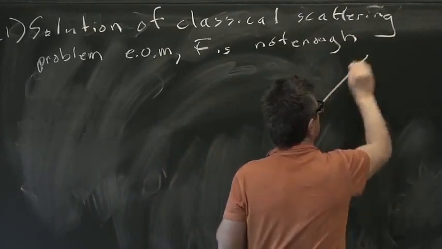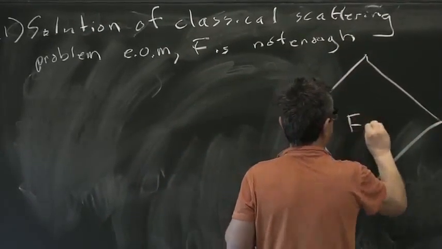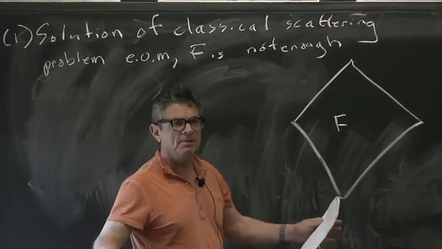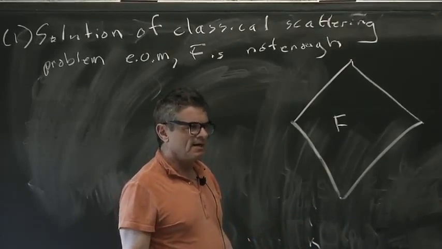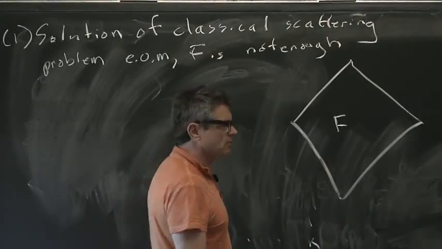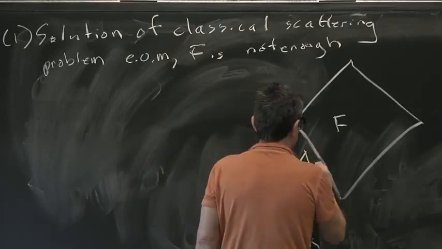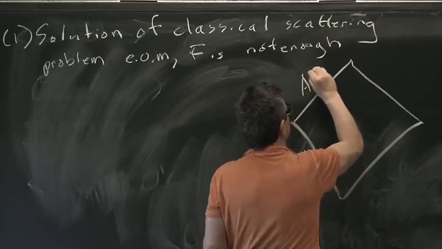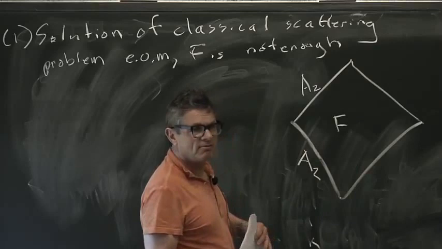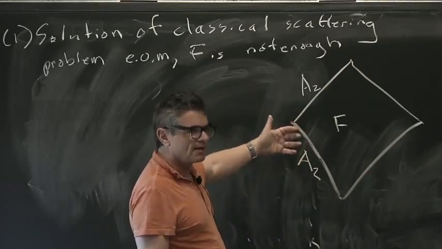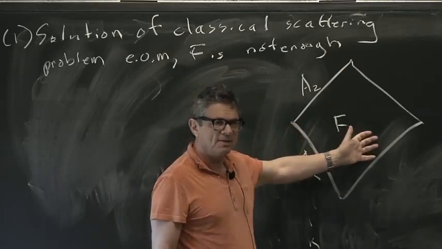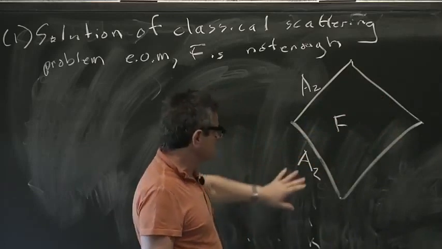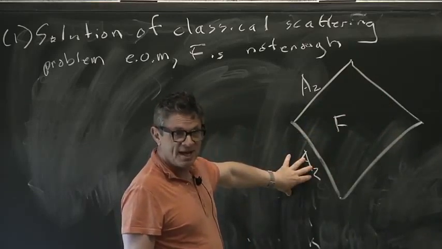So if we have Minkowski space and we're given F everywhere in Minkowski space, the non-abelian field strength, that is not a solution of the scattering problem. A solution of the scattering problem requires that you know AZ on scri minus and AZ on scri plus, a map from some classical solution of the Yang-Mills constraint equations on scri minus to outgoing Yang-Mills on scri plus, and that had better include AZ.